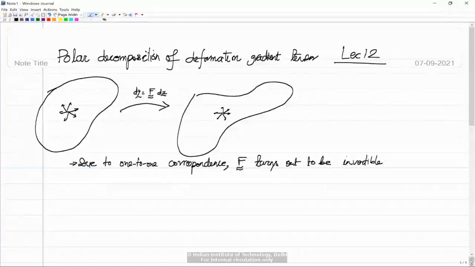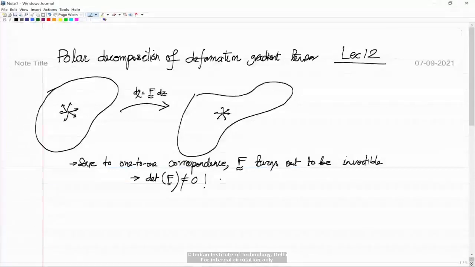And you know that big F has a matrix form when you express it in a coordinate system; it is a second-order tensor. Since it has to be invertible, the invertibility condition for a matrix is that all the eigenvalues must be non-zero, or in terms of the determinant, the determinant must be non-zero. So this tells us that det F has to be not equal to 0.